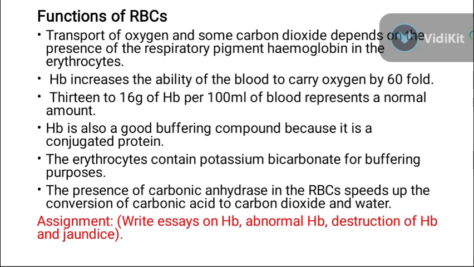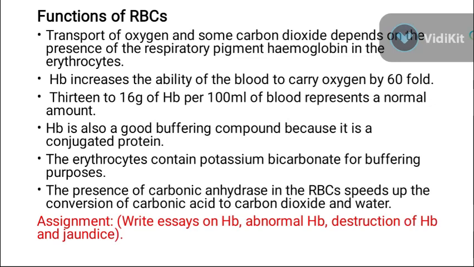HB is also a good buffering compound because it is a conjugated protein. The erythrocytes contain potassium bicarbonate for buffering purposes. The presence of carbonic anhydrase in the RBCs speeds up the conversion of carbonic acid to carbon dioxide and water. Assignment: write essays on HB, abnormal HB, destruction of HB in jaundice.